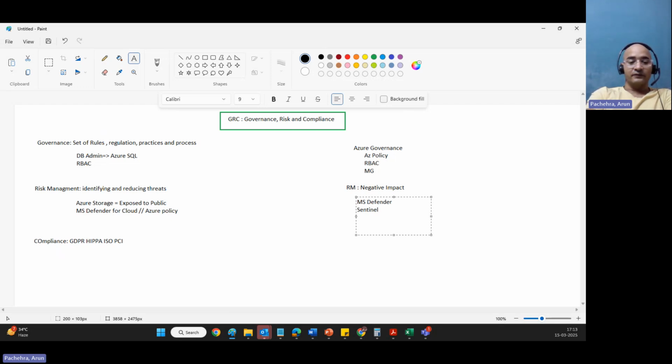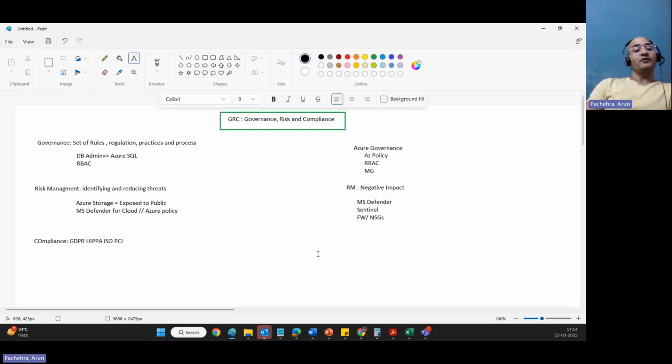We have Azure Firewall, right? We have NSGs to control network traffic and block unwanted IPs from accessing virtual machines, right? So all these things will help us reduce the risk.